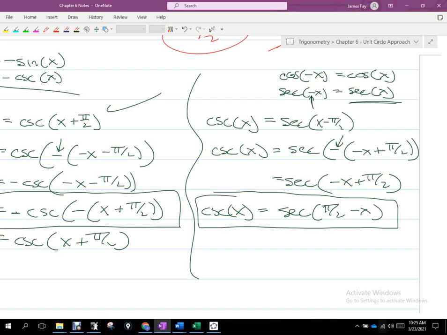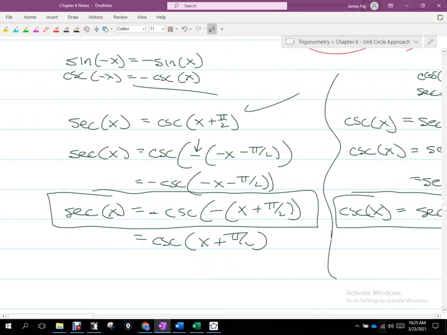That's usually how a textbook would write it, if we actually utilized a traditional textbook, we could find that written there. But you'll never see it written that the secant, like I did here, is equal to the opposite of the cosecant of the opposite of x plus pi over 2. It's true. We could graph that, and they're going to be the same.